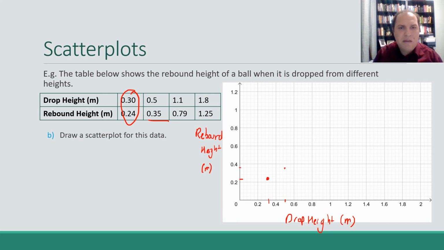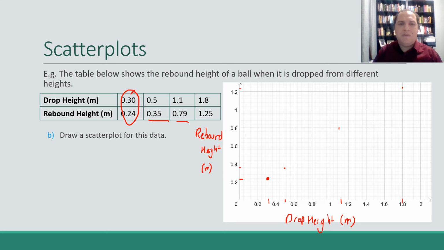Also, 1.1 and 0.79. So 1.1 will be here. 0.79 will be right below that 0.8 line, so maybe right there. And then 1.8 is up here, 1.25. There's 1.2, so a little bit above that. And that'll be up there.